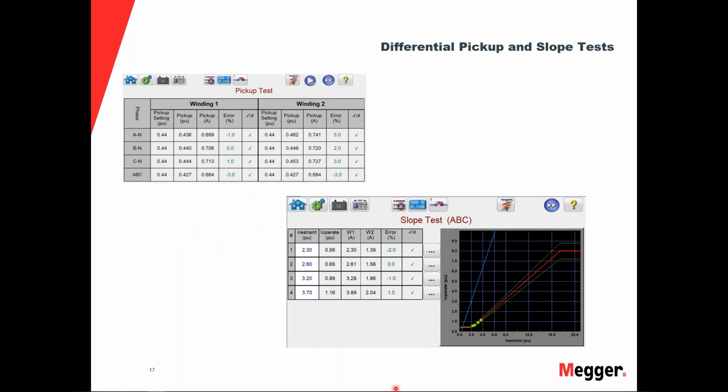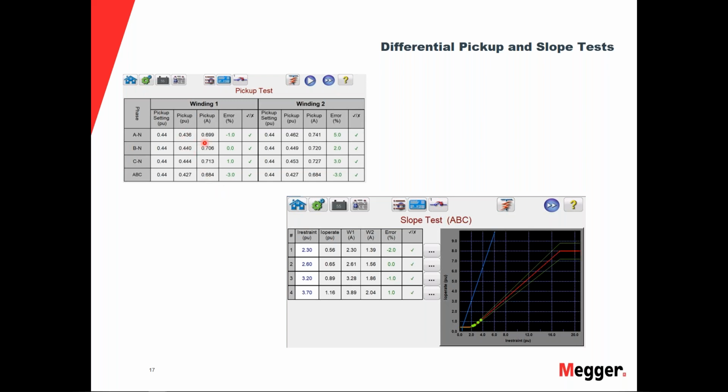Here's an example of what the test would look like. To do the pickups on the windings, you can come in with the actual setting. This will be a per unit setting calculated from the actual values of the generator MVA, the transformer, the kVA, and also the CT ratios.